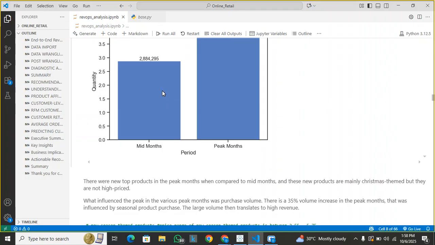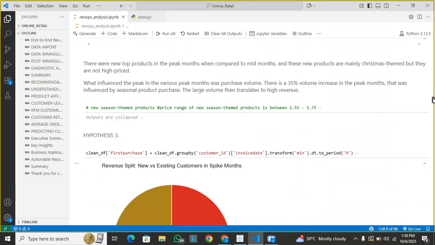The higher the volume of the purchase, the higher the revenue. And since we could see the percentage increase of 42% in volume when you compare it to average months, it is safe to say that the spike was product led and volume led.